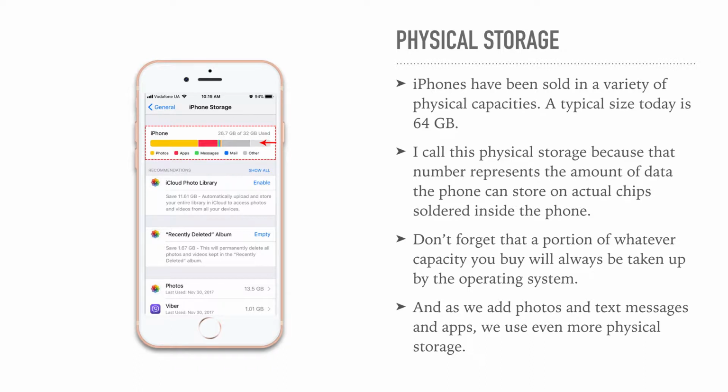One nice thing is that if you look at a 32 gigabyte phone versus a 64 gigabyte phone, even though the size of the operating system might be the same between both phones, in one case, it might be using almost 20% of the full space, whereas on the other one, it might be only using closer to about 10 or 12% of the space, because you get to use all of that extra capacity for your own stuff.